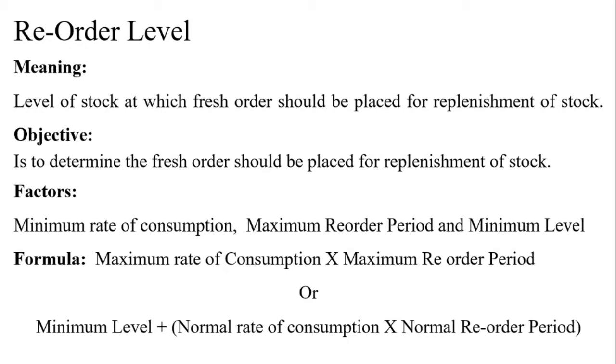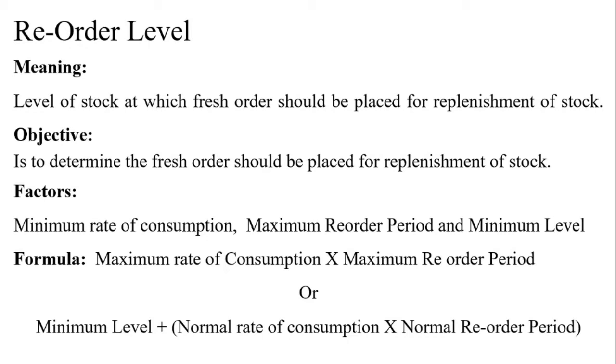When the firm reaches the minimum stock level, it is essential to place a fresh order to procure the raw materials. It is fixed somewhere between the maximum and minimum levels in such a way that fresh supplies are received just before the minimum level is reached.